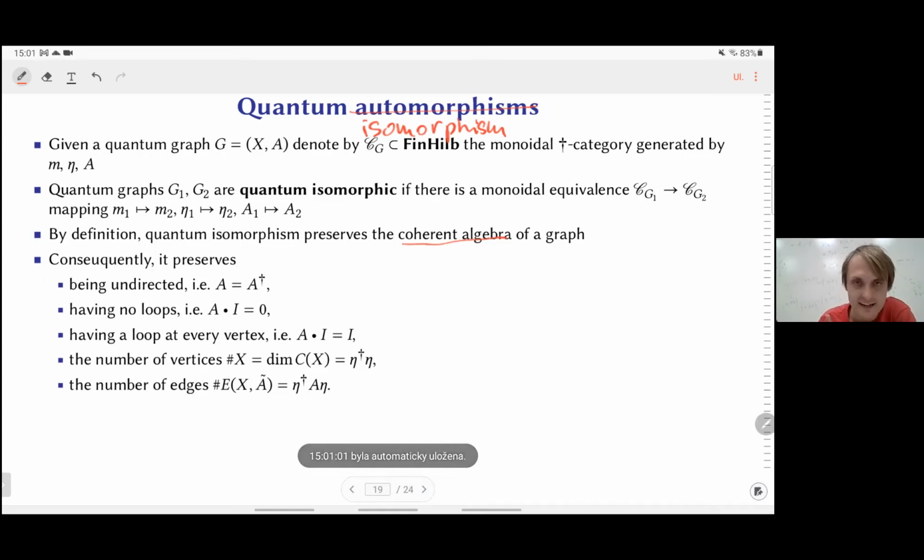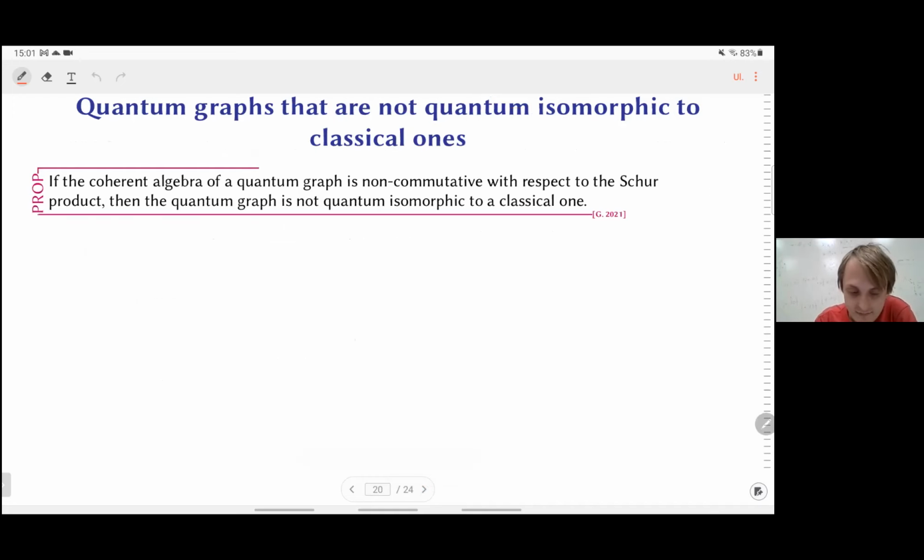So this is like a sanity check that we defined those properties in a sensible way, right? An interesting question is how to construct some graph which is not quantum isomorphic to a classical one, because there are possibilities to construct quantum isomorphic quantum graphs. So we wanted to have some quantum non-isomorphic graph.